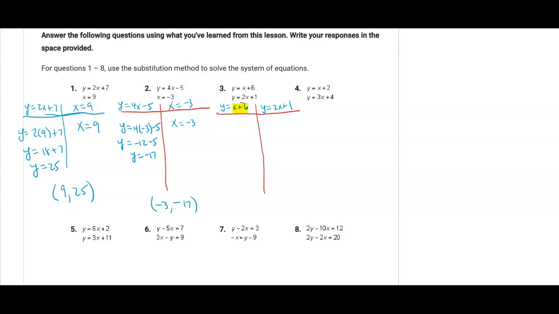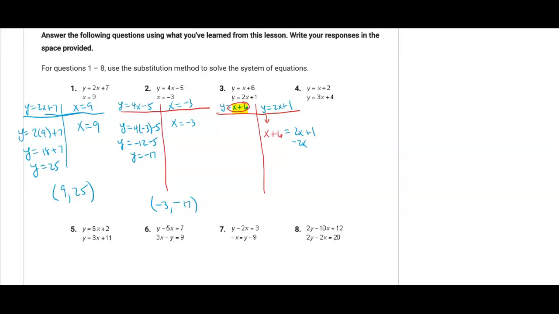So basically what I'm going to do is in the other equation, everywhere I see a y, I'm going to replace it with x plus 6. So this y becomes x plus 6, then equals this side is 2x plus 1. Notice I accomplished my goal here. I've narrowed it down to one equation with one variable.